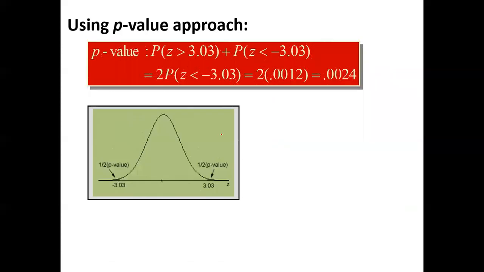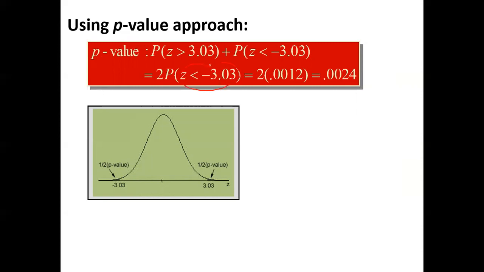We use P(Z > 3.03) + P(Z < -3.03). So P plus P, we get 2P(Z < -3.03).